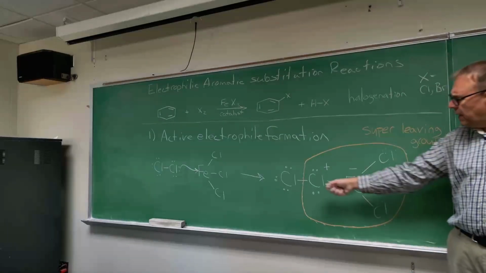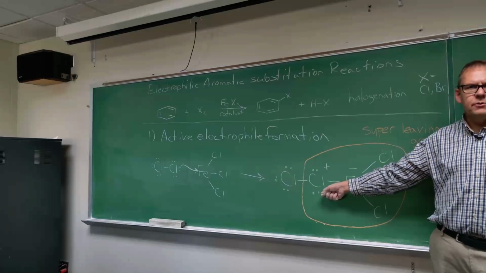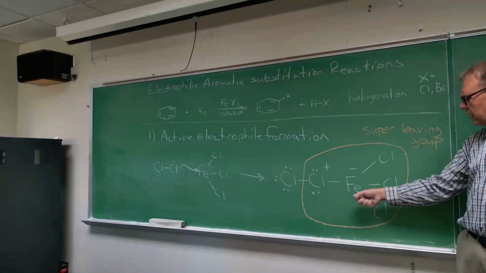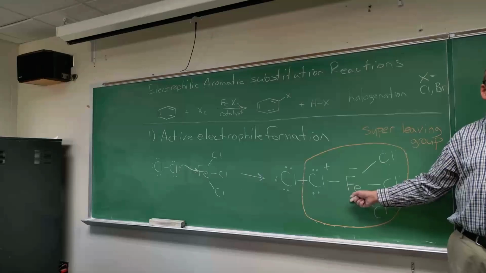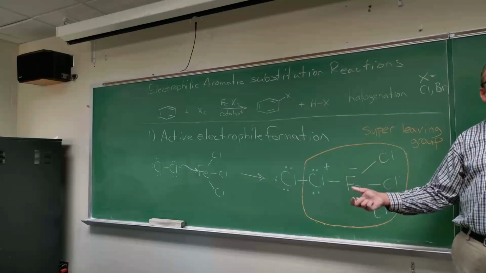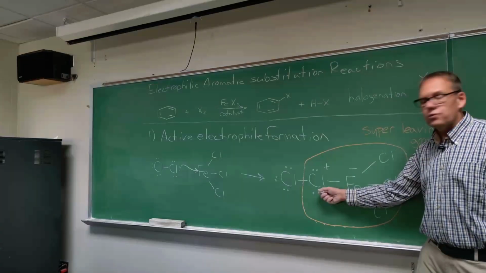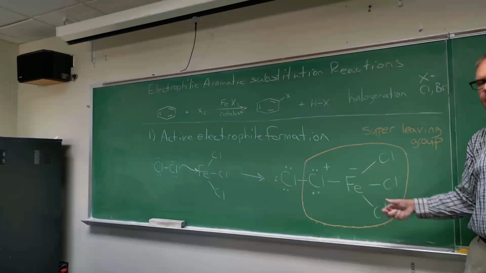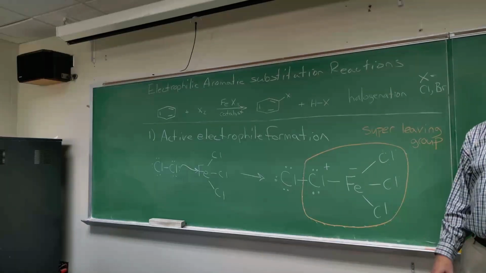You know, chlorine by itself as chloride is a good leaving group. We learned about that last semester in organic. But when you hook an electron poor iron to it, it becomes a super good leaving group. Normal chlorine leaves as Cl-, which is already a weak base, but this species leaves as neutral chloride attached to an iron, and that's an even weaker base. So it's a really, really good leaving group is what I'm saying.